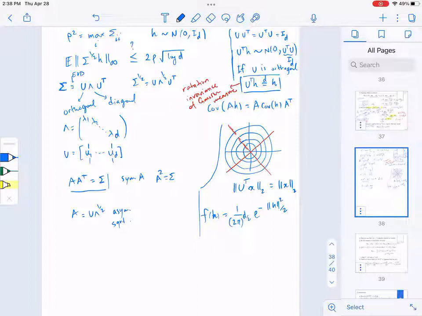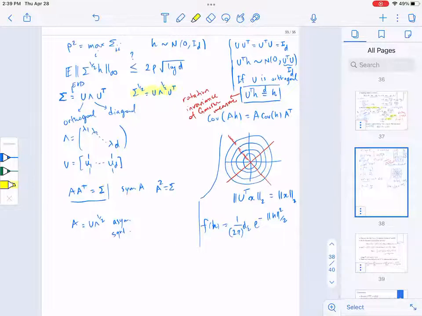If you do this, you get U lambda 1/2 U transpose times U lambda 1/2 U transpose. U transpose U goes away. So you do the calculation, and this turns out to satisfy this. Now can anyone tell me how to prove this?